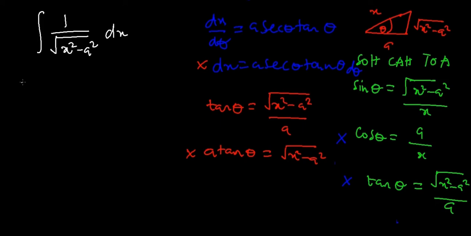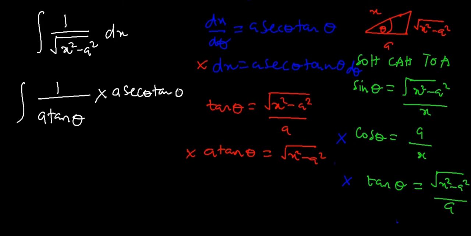So this will now be the integral of 1 over the square root of x squared minus a squared, which is equal to a tan θ, so that will divide by 1 divided by a tan θ times dx. And you know dx is equal to a sec θ tan θ dθ.